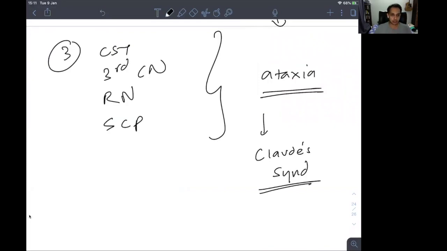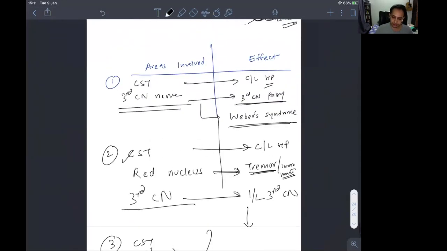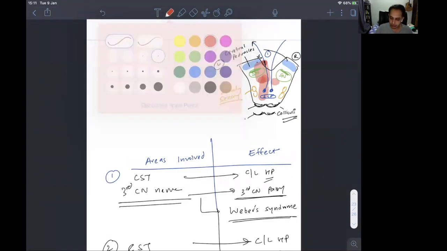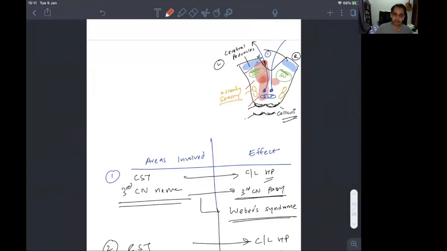Now, these are good for theoretical knowledge, but practically speaking, there is not much area difference between these different sites. It is very likely that something may start off as Weber and then go to Benedict or involve Claude. There was a time when every new lesion had a different name because everybody was so excited to put their name onto things.